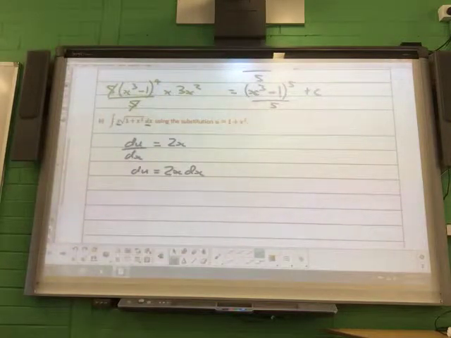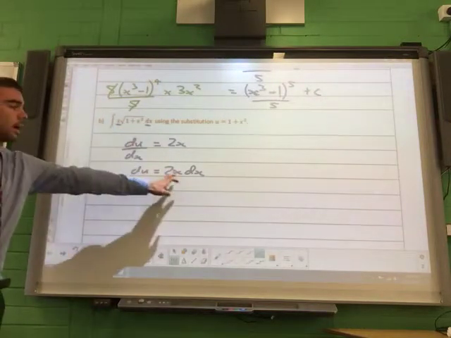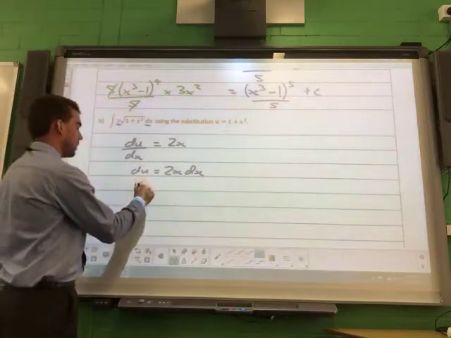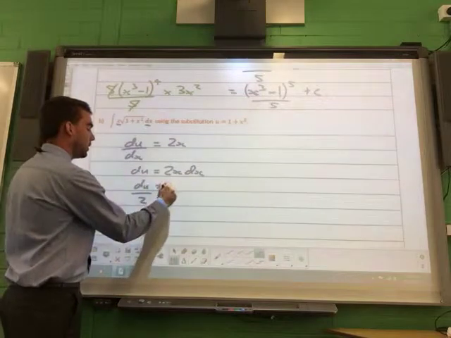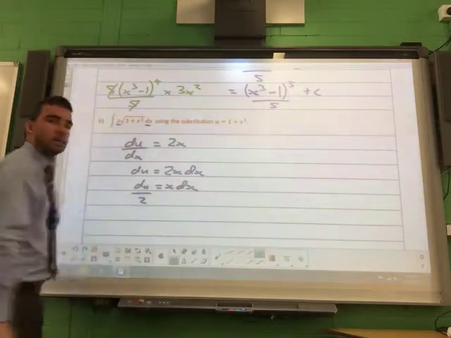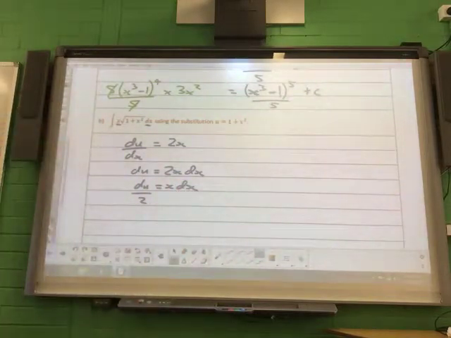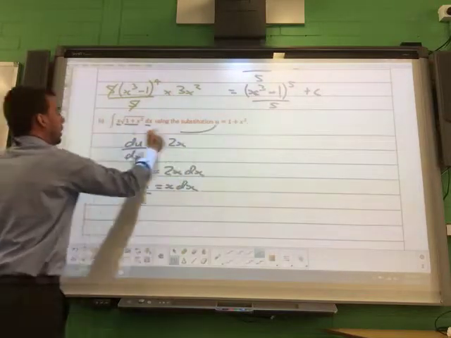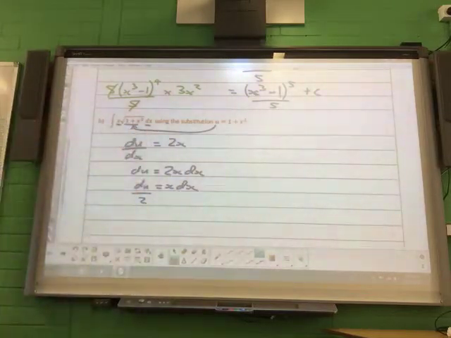If I've got x and dx, I need to move this 2 back over here. So du over 2 is equal to x dx. Then I can substitute that straight in. And 1 plus x squared I replace with u, so it becomes the square root of u.